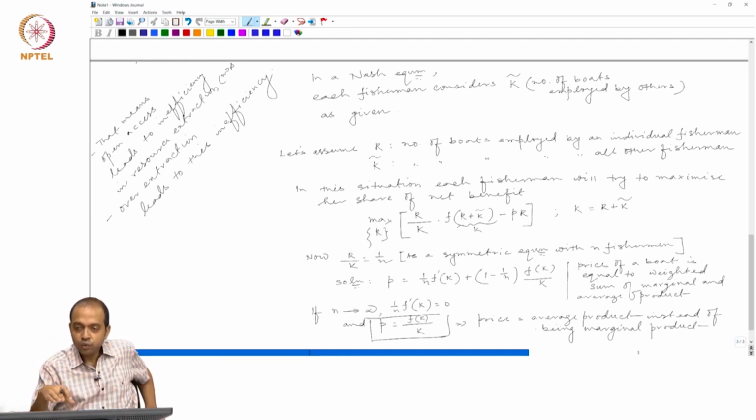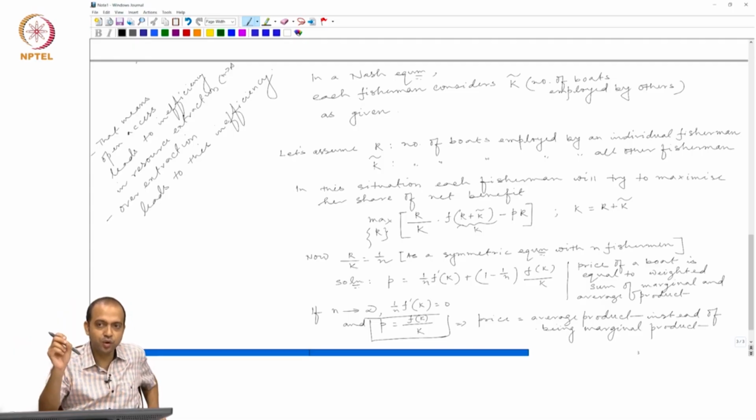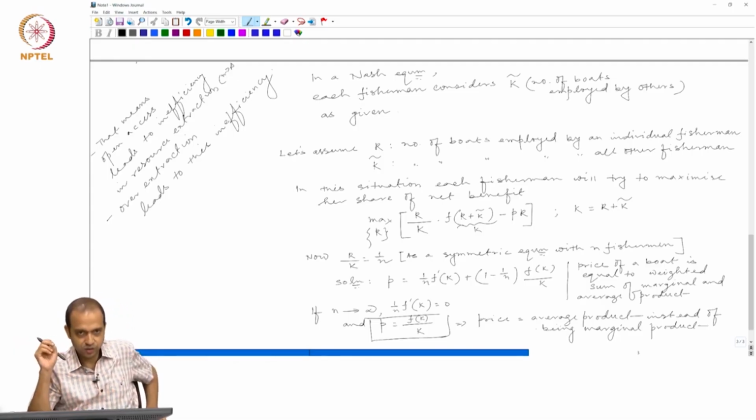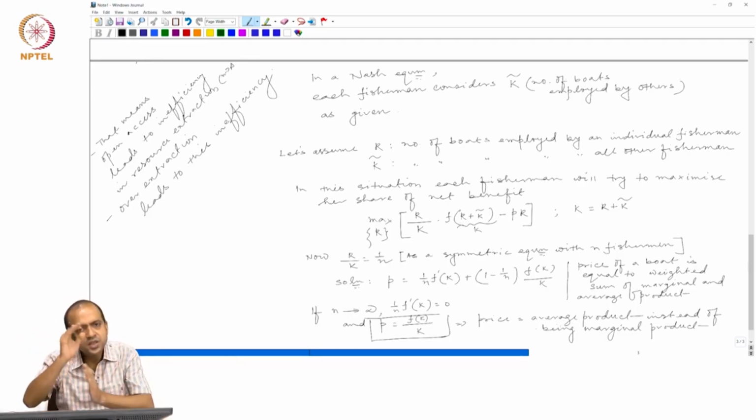Here we are defining price in terms of marginal product, not marginal cost, because there we have assumed a fish catch function. Earlier it was a catch locus, which is basically the cost of catch, but the idea is similar.